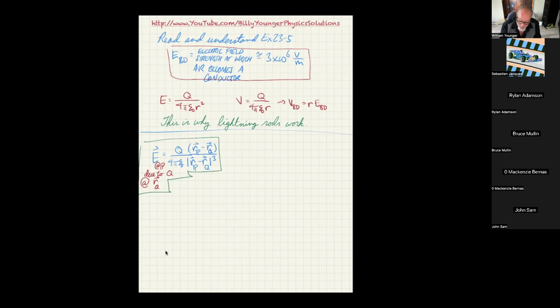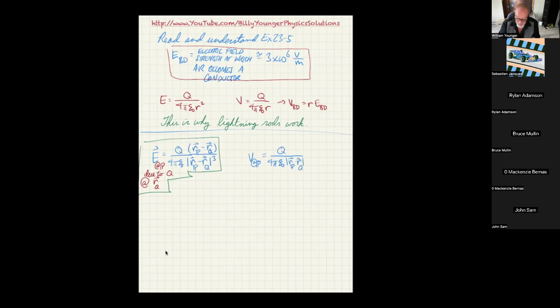And what I'm telling you now is we can also say that the voltage at P is going to be equal to Q over 4 pi epsilon naught times, this time it'll be the magnitude of RP minus RQ.